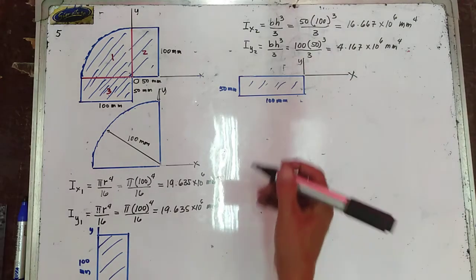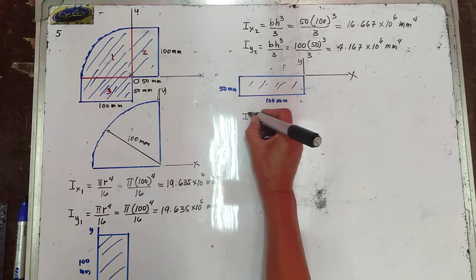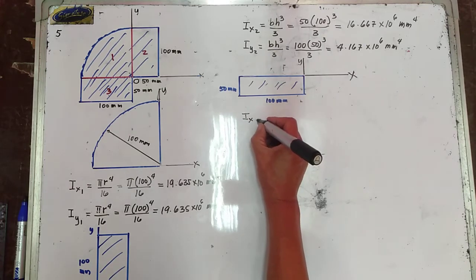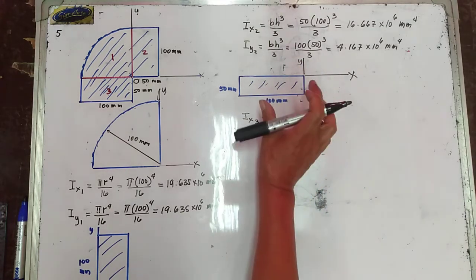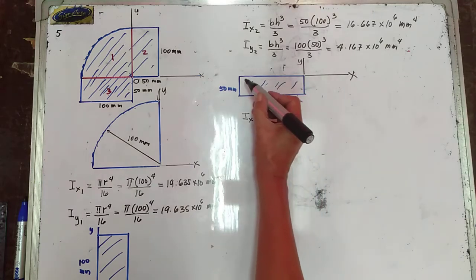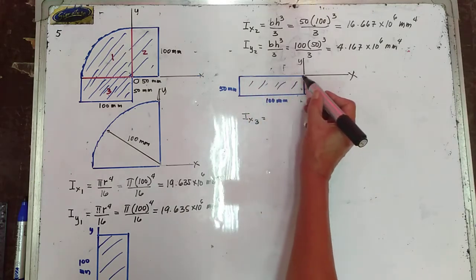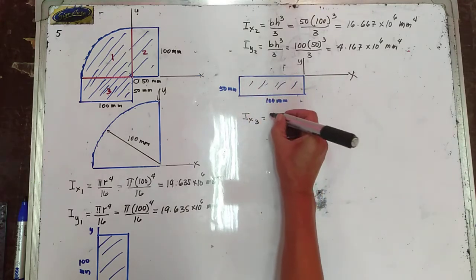Now, again, the moment of inertia about the x-axis of this area is bh cubed all over 3, because the base of this rectangular area coincides with the x-axis.